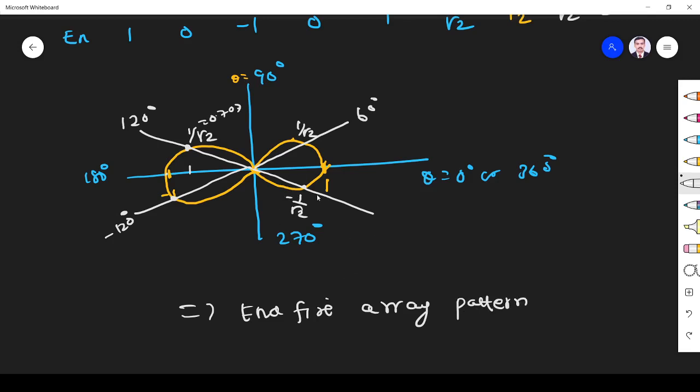It is the same amplitude but opposite phase, so it has an end-fire array pattern, right? So this is maximum radiation, here also maximum, and here it is minimum.